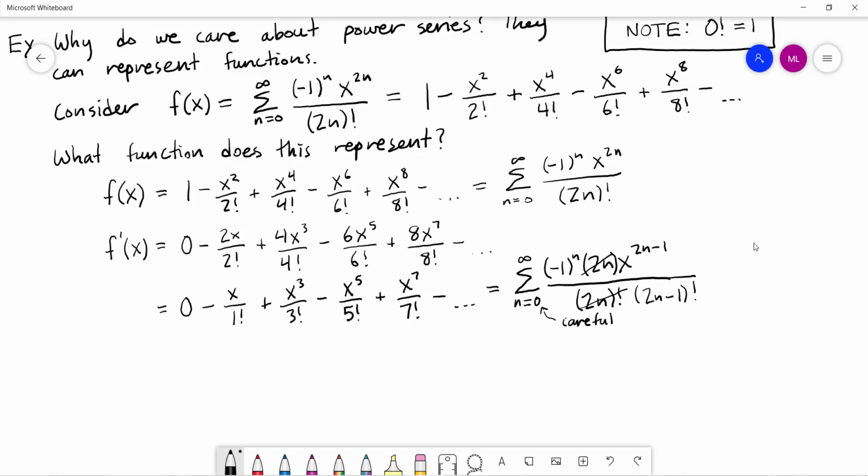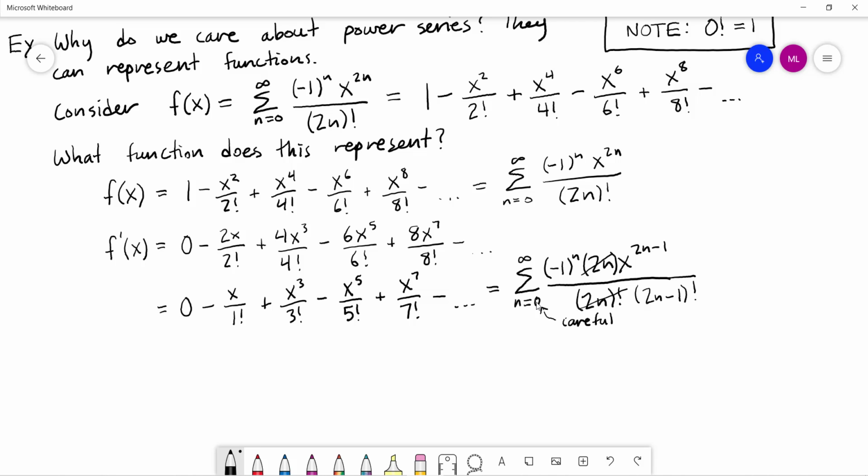We need to correct for this because we couldn't let that value of n be 0 anymore, because that's giving us negative numbers. These are not well defined. And the original function when n equals 0 really wasn't a function of x anyways, right? It was just this number 1. So we need to be careful. We need to re-index this thing.